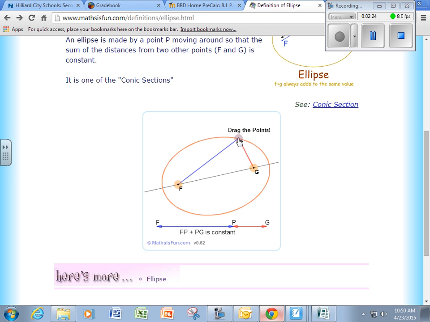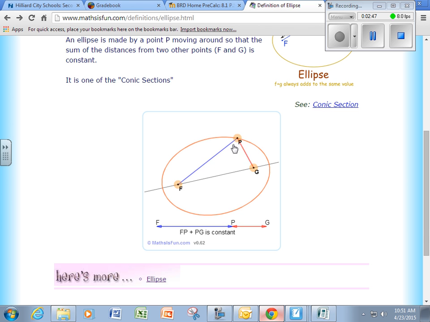So watch as I drag this point P and move it anywhere on the ellipse. Now, the blue line and the red line obviously change. They're not the same, but their sum is always constant. It's staying on this sum line. We don't ever go off of it.